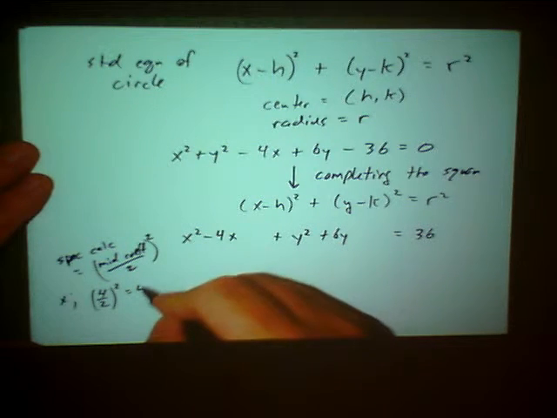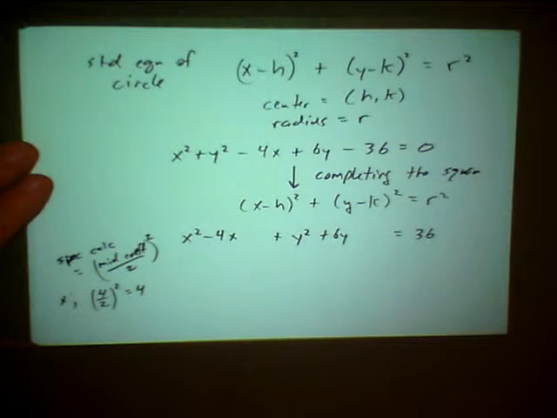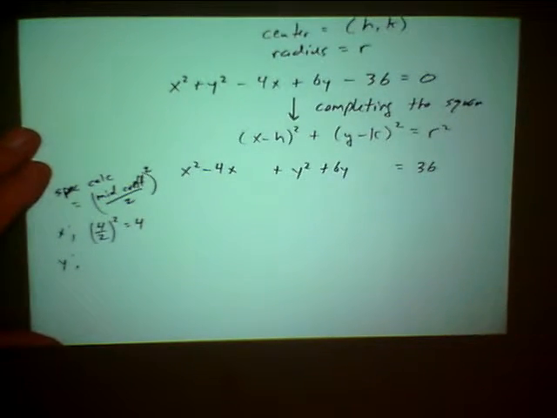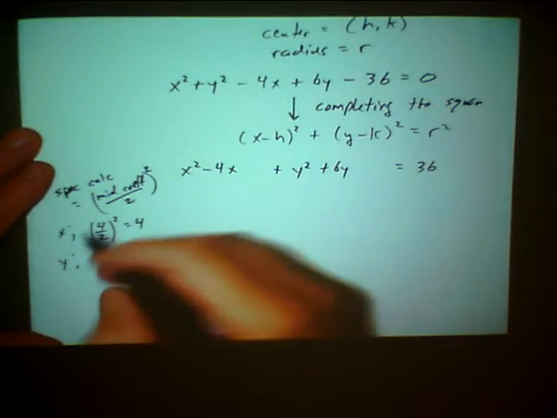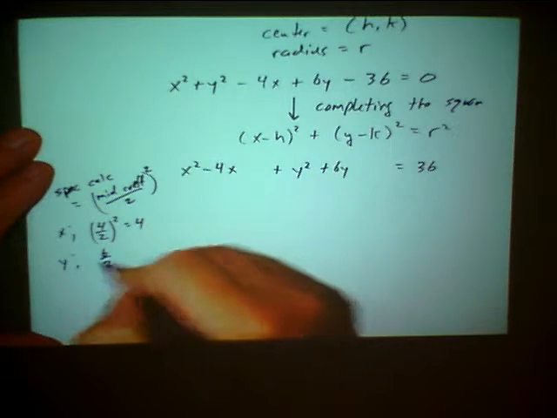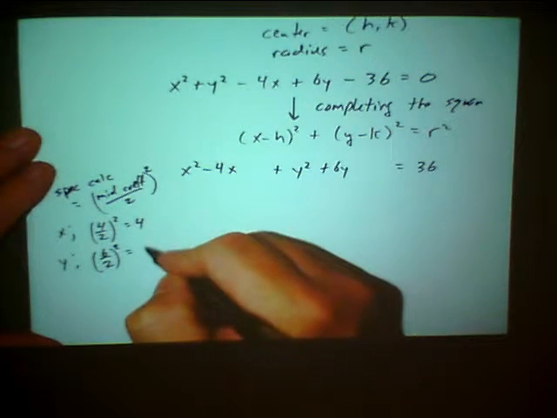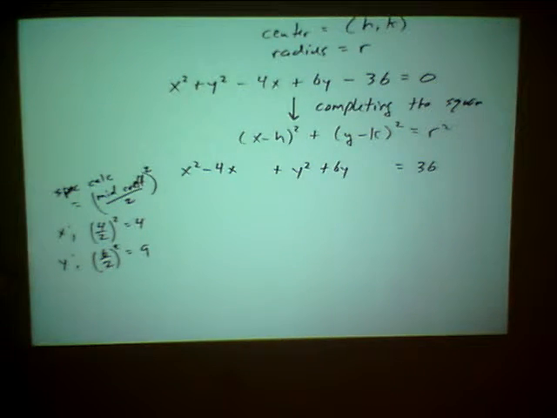That's 2 squared, which is 4. For the y, the middle coefficient is 6, divided by 2, and you square it. 3 squared is 9. So those are my two special calculations.